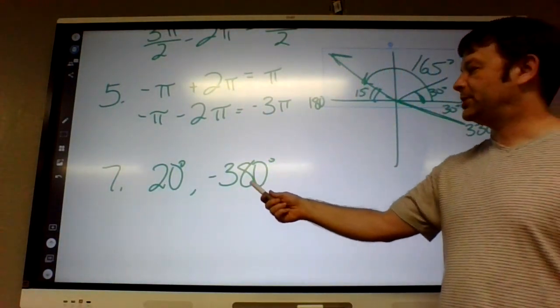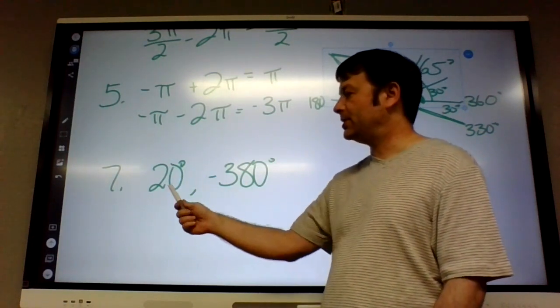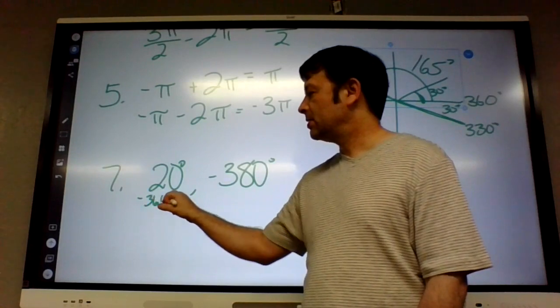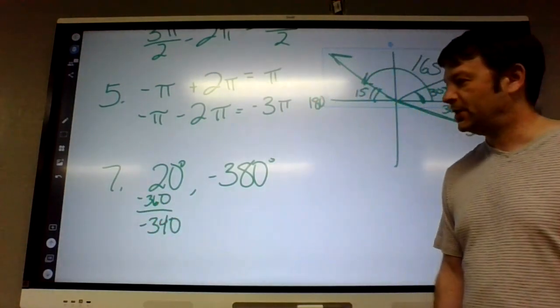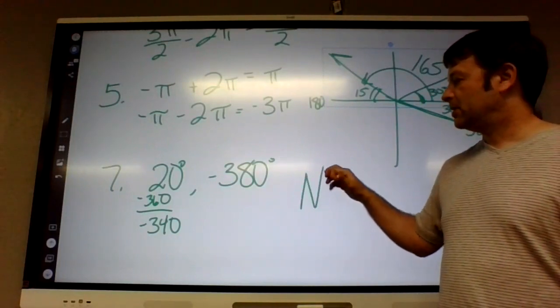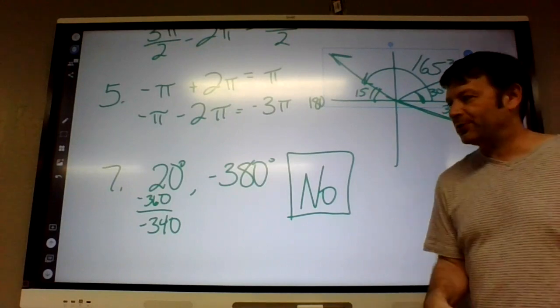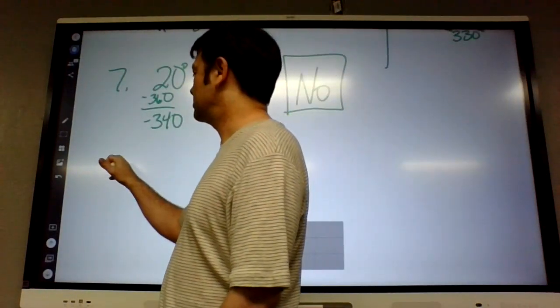Or you could subtract 360. Just see if they run into each other. 20 minus 360 is negative 340, not negative 380, so that would be no. You could add or subtract 360 more than once as well, but they're never going to hit each other.